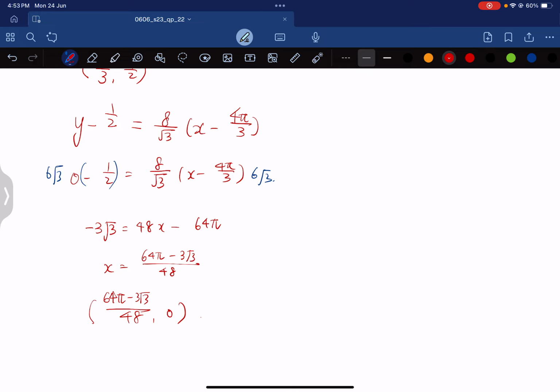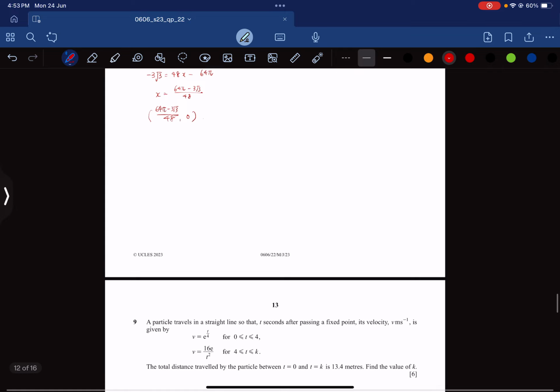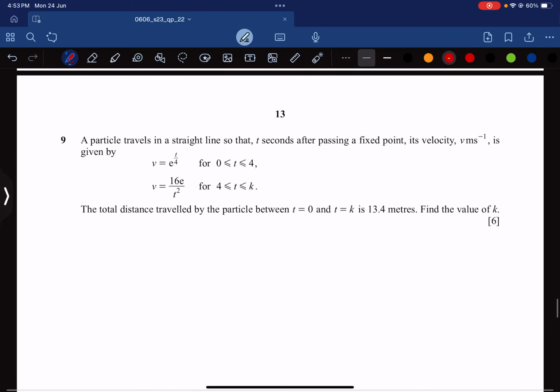Okay. A particle travels in a straight line so that t seconds after passing a fixed point, its velocity v meters per second is given by this. For the first 4 seconds it is this, for the next k minus 4 seconds it is this.